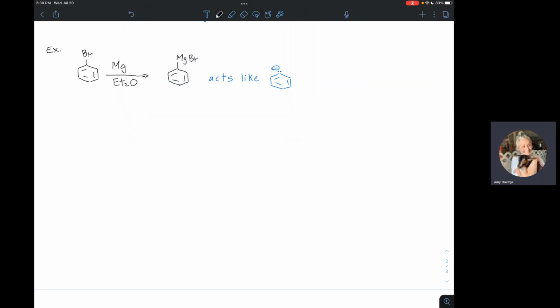So after this is done, you can take your Grignard reagent, so we'll take this down here, which behaves like, again, a carbanion. And you can allow it to react with, say, an alkyl halide.